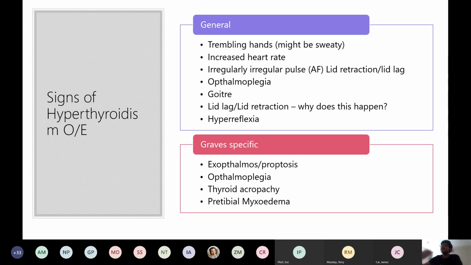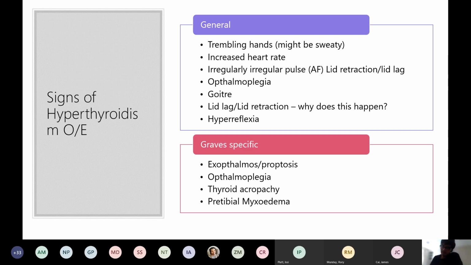Does anyone know why you get lid lag in hyperthyroidism? Physiologically, it's quite useful to think about it. Connective tissue hyperplasia is what you get in Graves' disease rather than in just general hyperthyroidism. We'll get back to that in a minute.